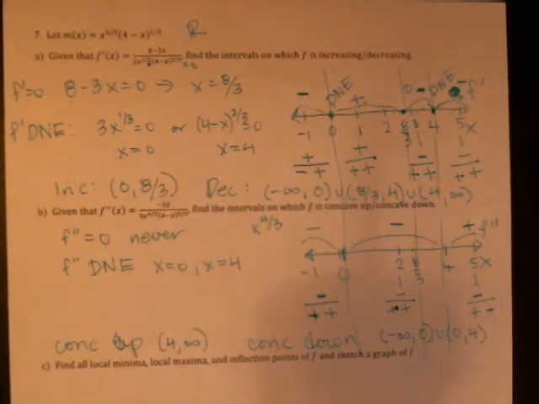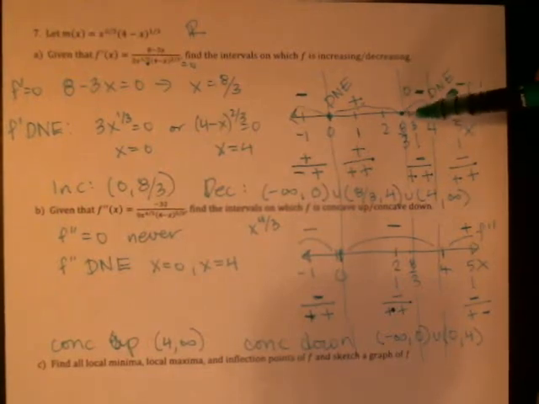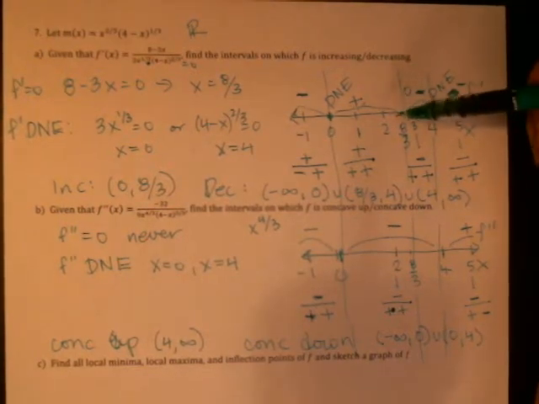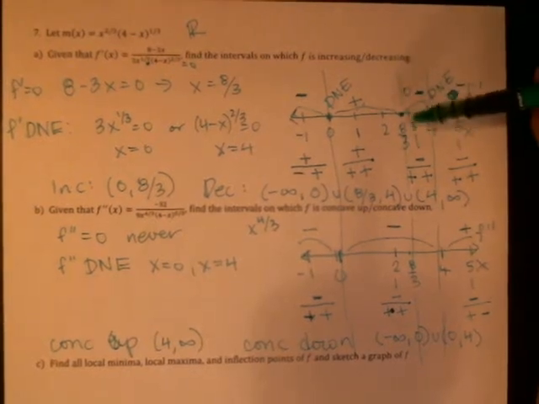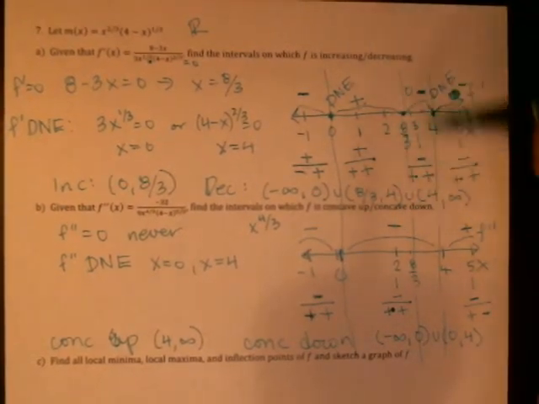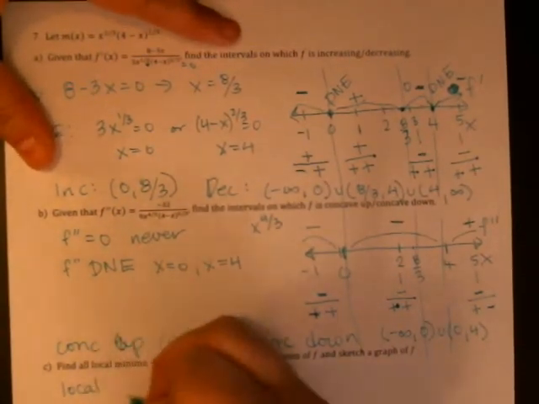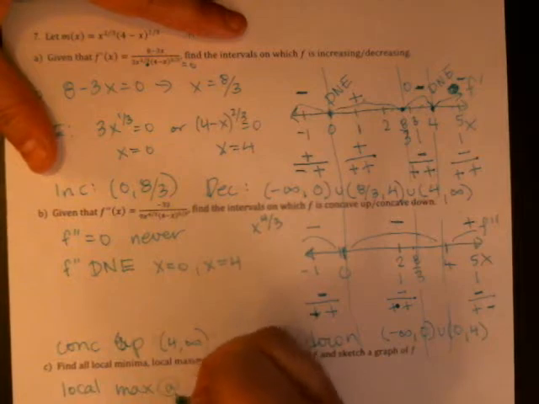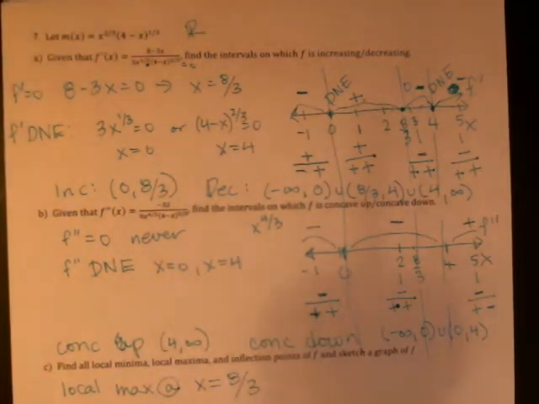What's happening at 8/3? 8/3 is interesting, but it's nothing too unusual. At 8/3 we have a flat spot, and the function switches from increasing to decreasing, so that's a maximum. Or you could say we have a flat spot and it's concave down, so that's a maximum. So I do have a local max at x equals 8/3.